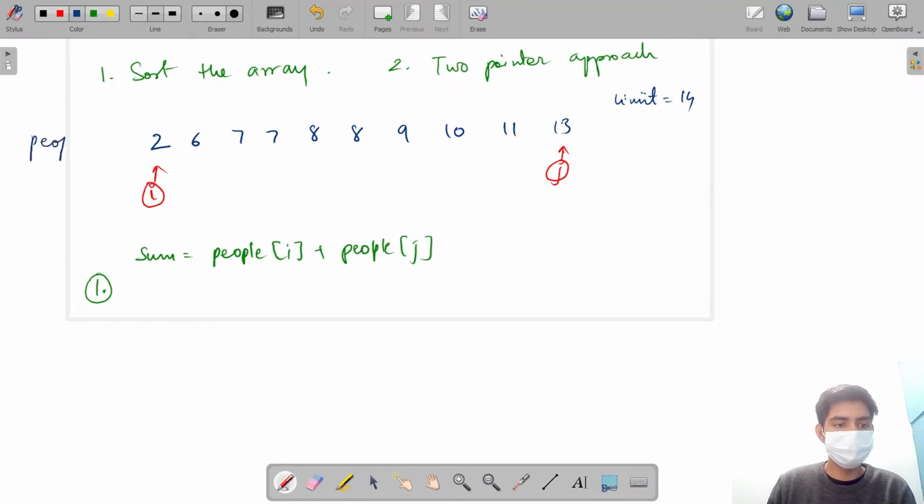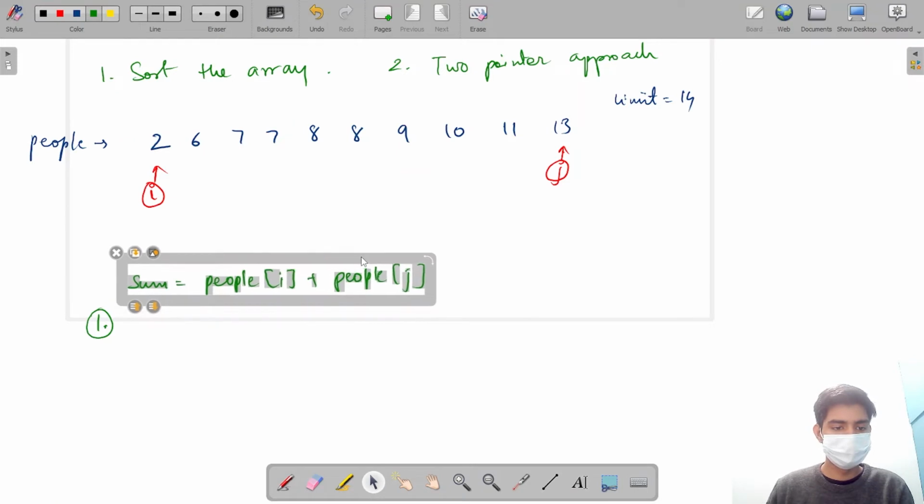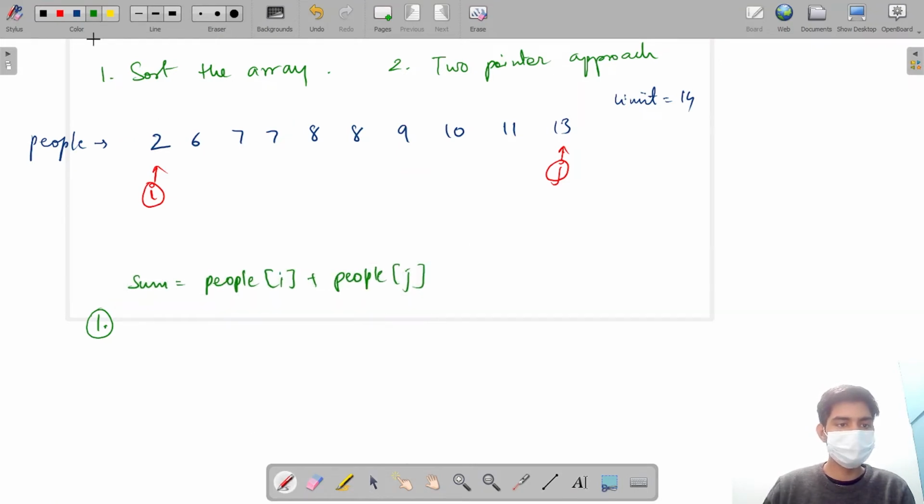So people of i and people of j is going to be my sum, and I can have three different conditions, right? My first condition can be that my sum is going to be less than my limit, right? This is going to be my first condition, and I can have my sum be greater than my limit, right? Or let's say sum be equal to my limit.